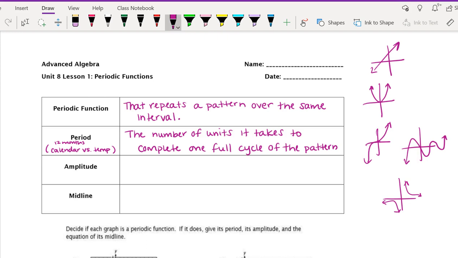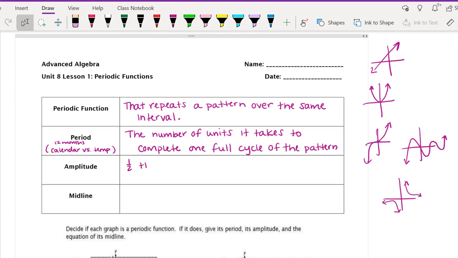The amplitude is what is known as half the distance between maximum and minimum values.